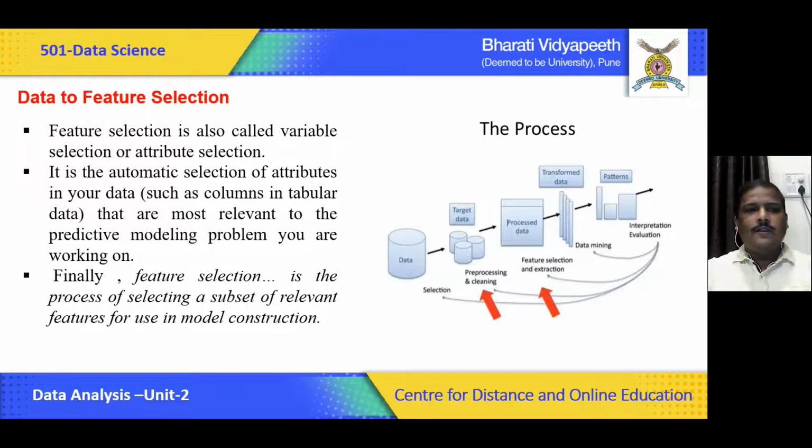Now the second point is the automatic selection of attributes in your data, that is, your feature selection. There are different kinds of tools for automatic selection. Based on the data, it creates different types of attributes, that means variables, such as columns in the table as I told, that are most relevant to the predictive model problems you are working on.